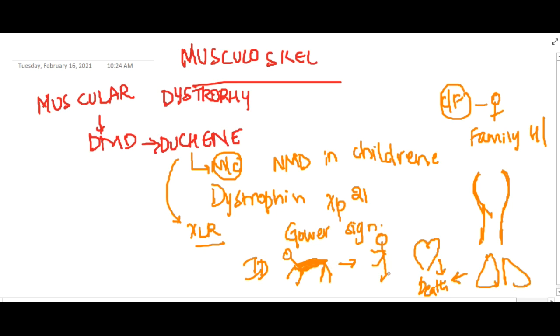This sign, where he uses his hands to push on the legs to stand straight, is called Gower's sign. This is non-specific for Duchenne's muscular dystrophy, and Gower's sign appears at 3 years of age.